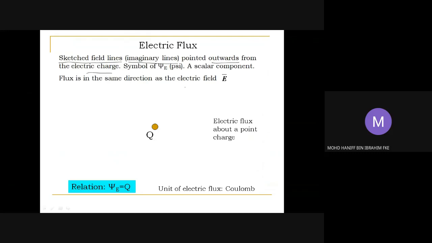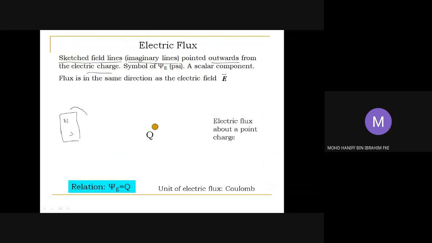Okay, so this is somehow similar to what we have learned previously in the case of magnetic flux. Remember where we have a magnetic bar, the north and south pole.